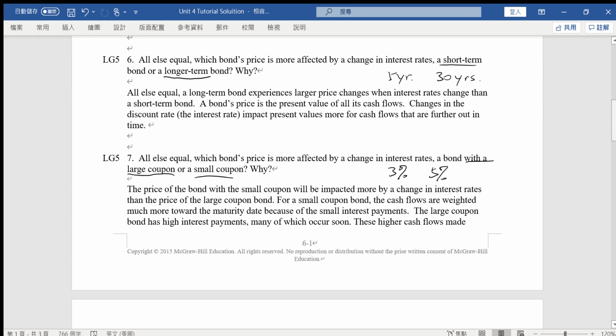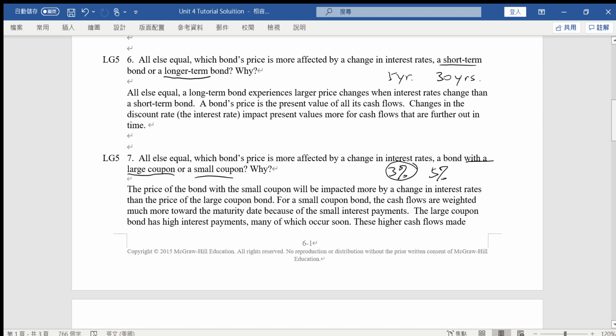Then the question is asking, if there is a change in the interest rate, which bond type will be affected much more? By looking at that, you will find that the small coupon bond will be affected much more. Why? Because for this one, originally you just have 3%, and that's why the cash flow amount is not much.